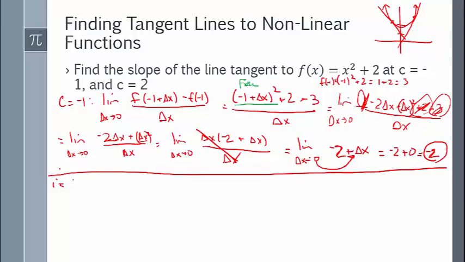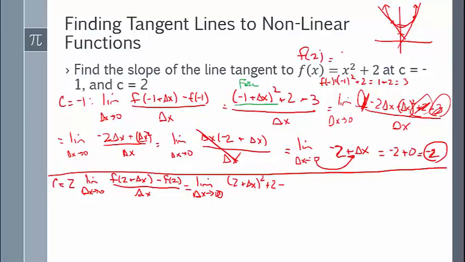Okay, for when c equals 2, now I have my limit as delta x approaches 0 of f of 2 plus delta x minus f of 2 all over delta x, which is the limit as delta x approaches 0 of 2 plus delta x squared plus 2 minus whatever f of 2 is, and in this case f of 2 will be 6, 2 squared plus 2, all over delta x.